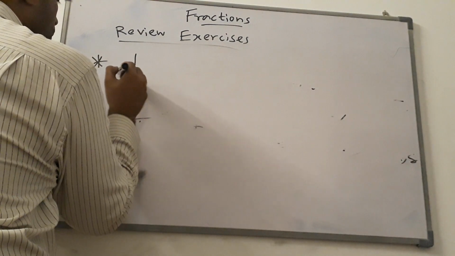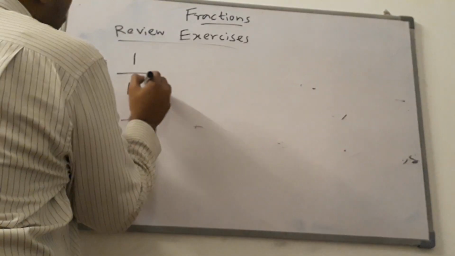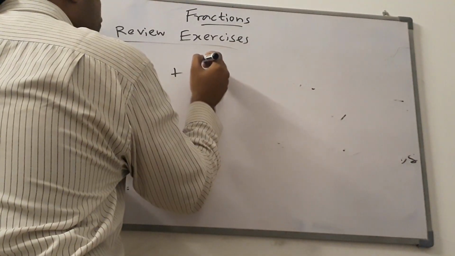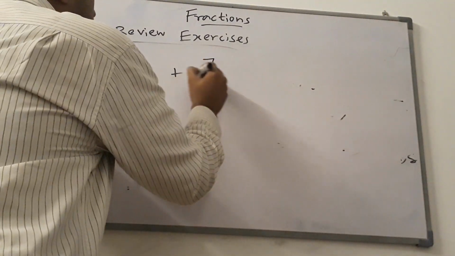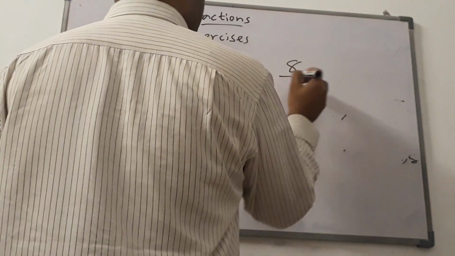What else? 1/12 plus 7/12. We have to add these. 7 and 1, the answer is 8. 12 won't change.